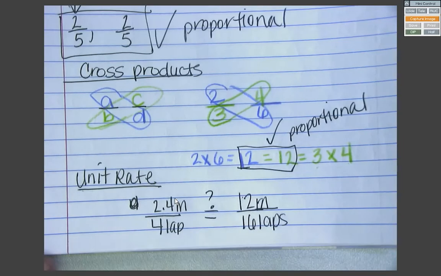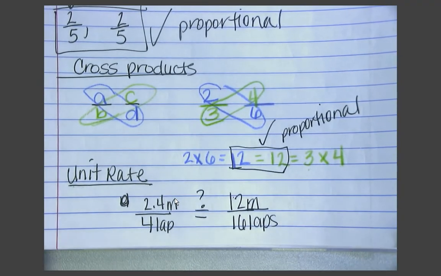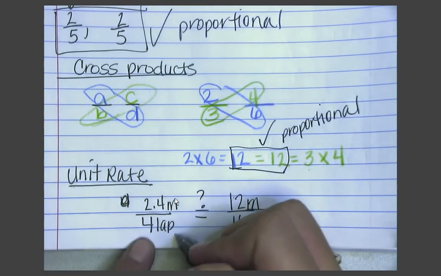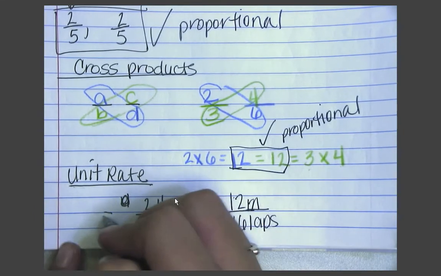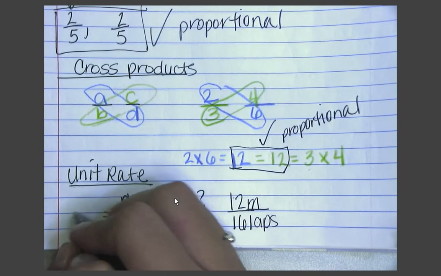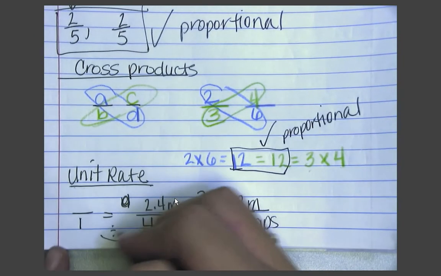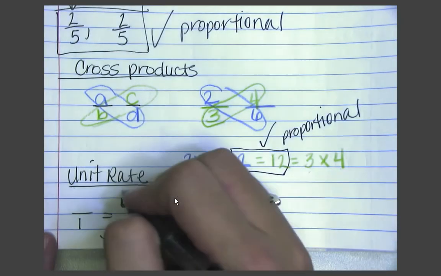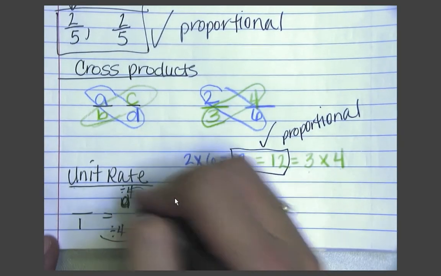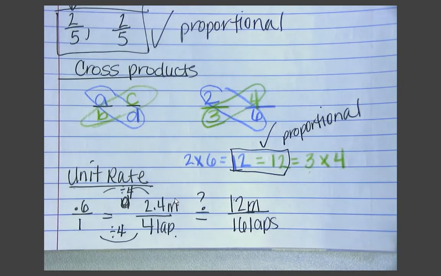So here's my problem. Okay, if I were to use unit rates, that means that I'm going to get this denominator to be 1. So if I wanted the denominator to be 1, I was going to have to divide by 4. And because math is fair, what you do to the bottom, you have to do to the top. So we're going to divide the top by 4, and that will give you 0.6.